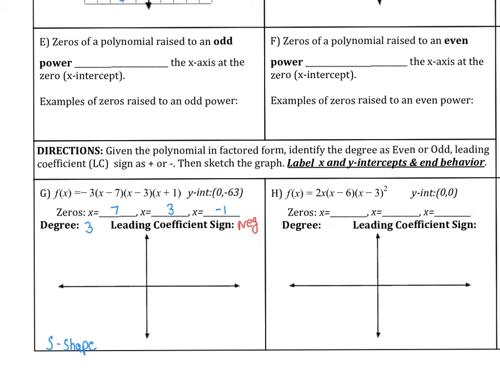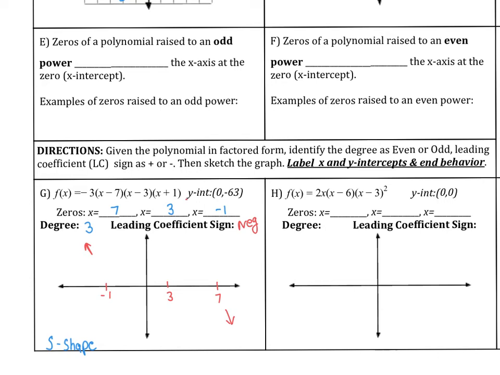So first thing I want to do is plot these x-intercepts, so -1, 3, and 7. Now the graph is falling on the right side, so this way, and it's rising on the left side because it's a negative leading coefficient.